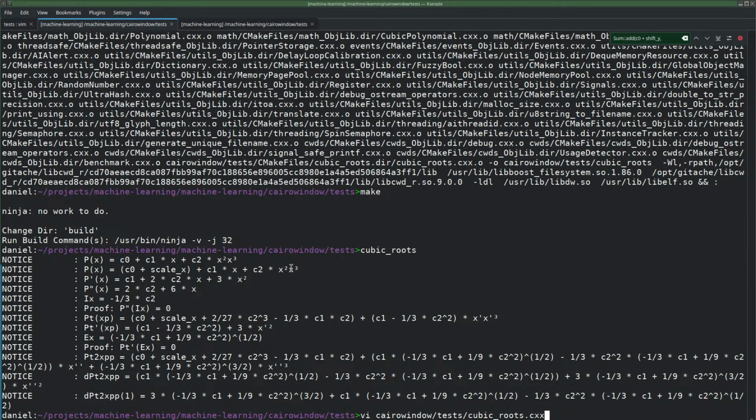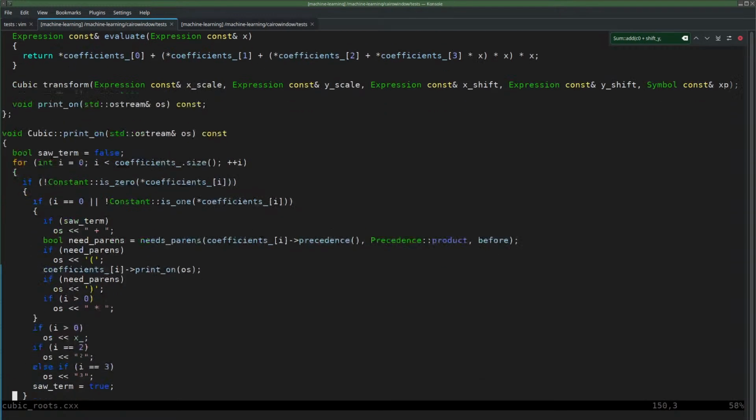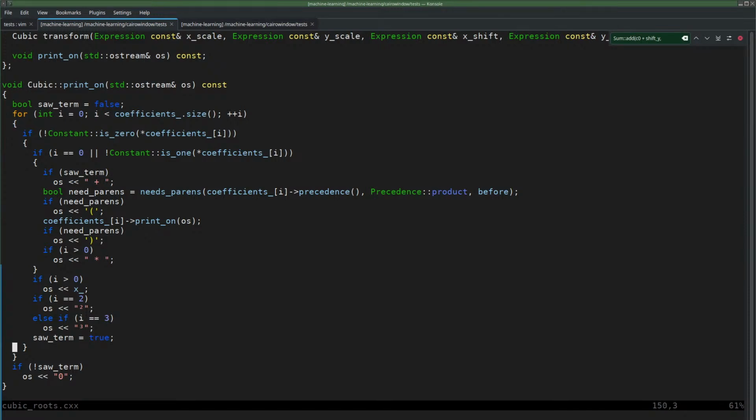Printing does not print a plus in front of the x to the power 3. Why not? I'm not sure.